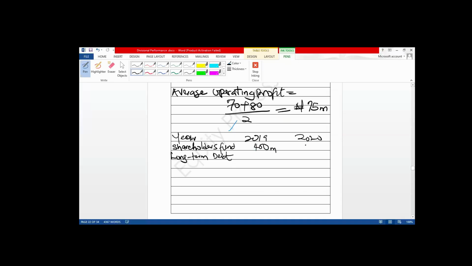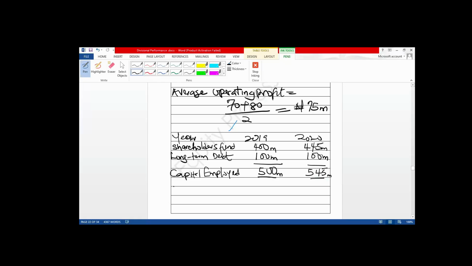Shareholders fund, 400 million, 445. Long-term debt, 100 million, 100 million. Capital employed in 2019, 500 million. 2020, 545.